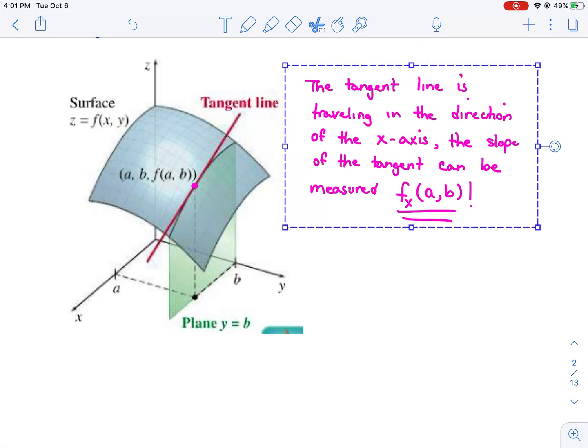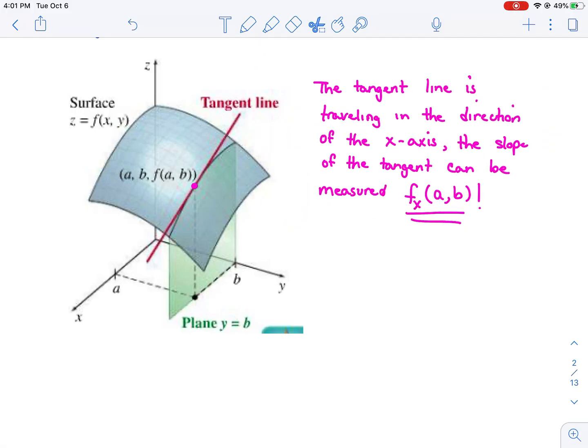Now, the tangent line is traveling in the direction of the x-axis. The slope of the tangent line can be measured by evaluating the first order partial derivative with respect to x at (a, b). So that is this line that I want to trace in pink.